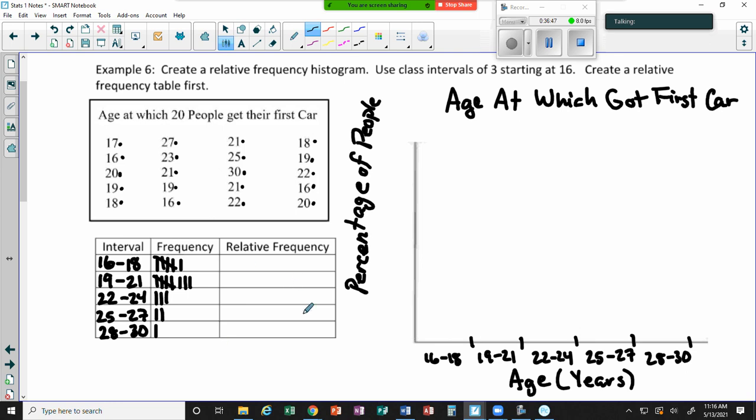How do you find a percentage? Yep, you take how many divided by the total. Well, they said there's 20 people in this data set. If they don't tell you, you got to count them up. So you take what this interval is divided by the whole. So 6 divided by 20.